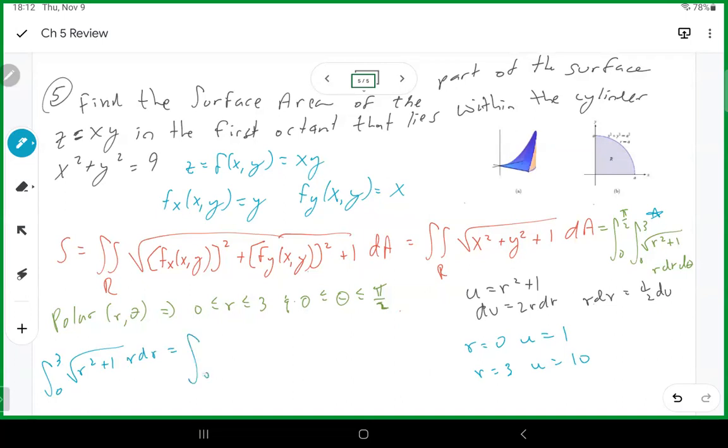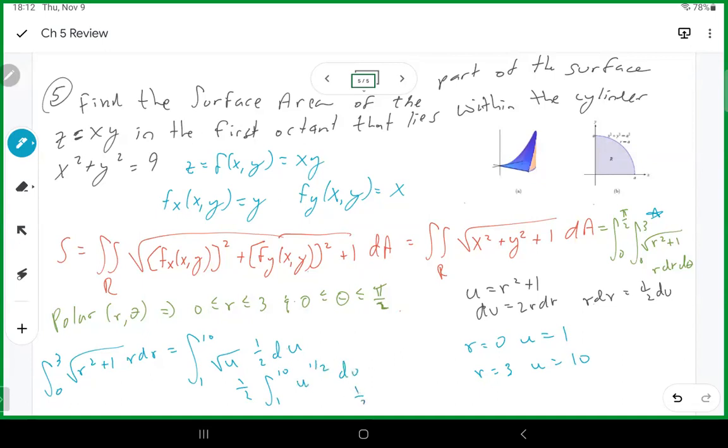So we're going to switch this to 1 to 10, square root of u, 1/2 du. And again, we may need another slide. So 1/2, 1 to 10, u to the 1/2 du.